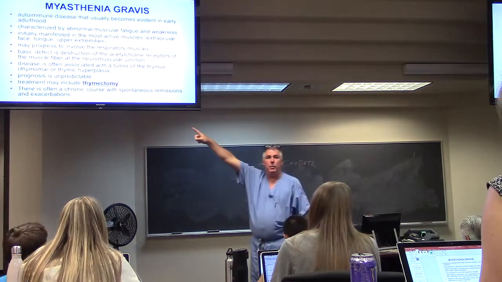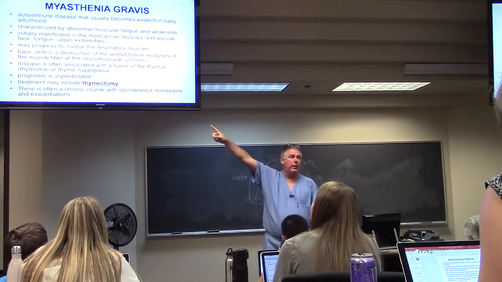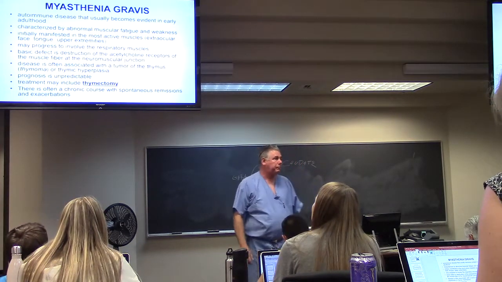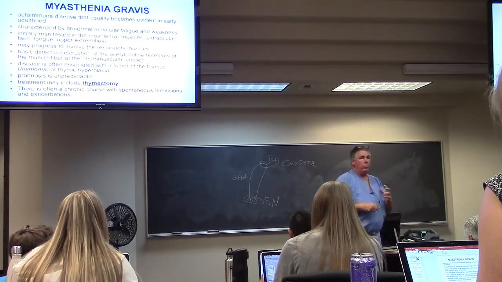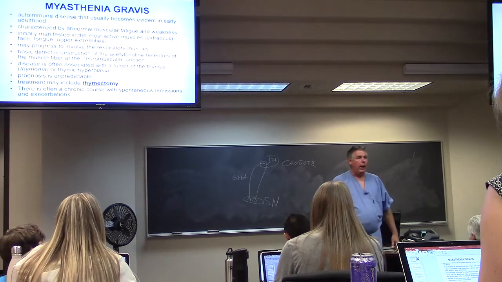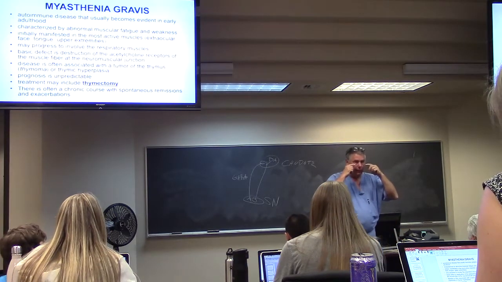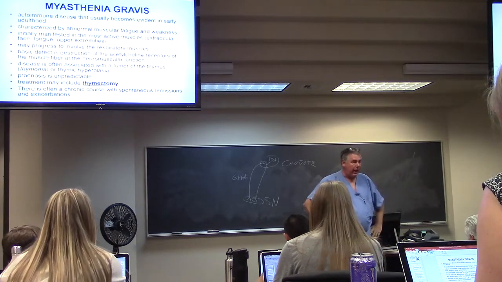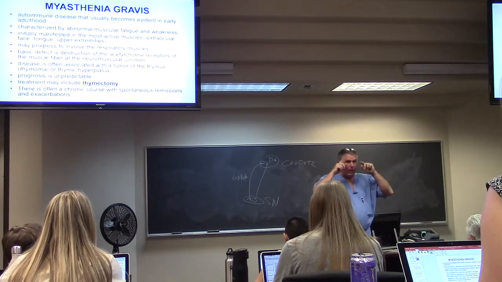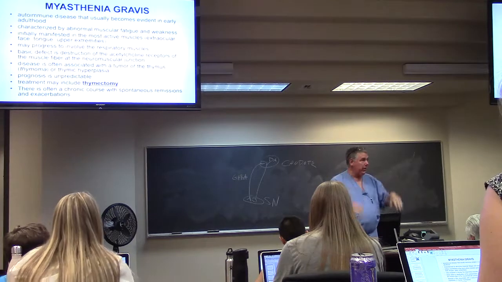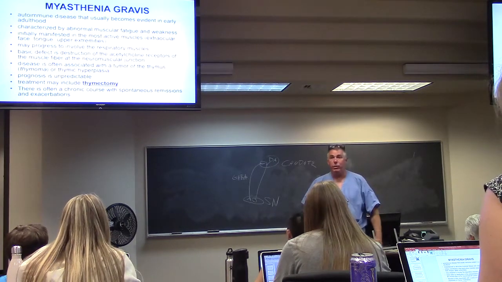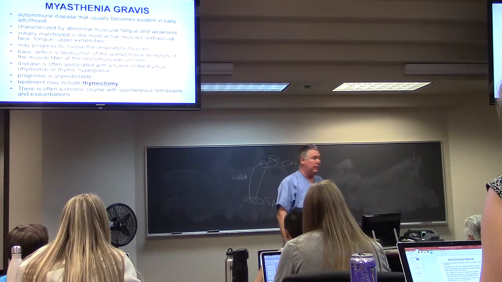Those postsynaptic receptors are blocked in myasthenia gravis. It mostly affects muscles with high utilization. Your extraocular eye movement muscles: mostly they come in and say, I can't keep my eyes open. It's your upper eyelid muscle, your levator palpebrae superioris, that tires first because of myasthenia.